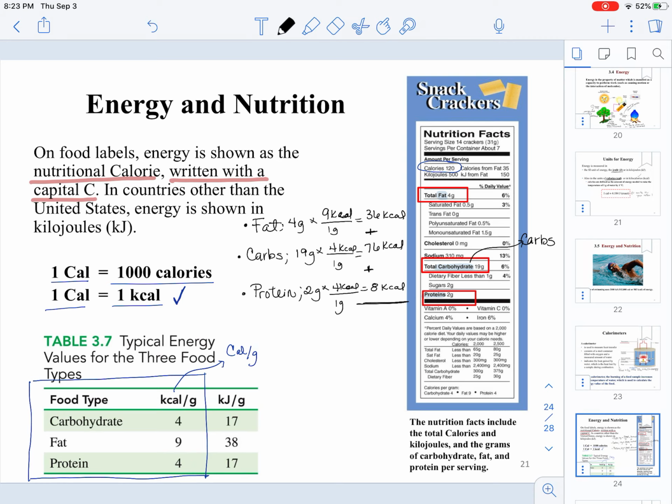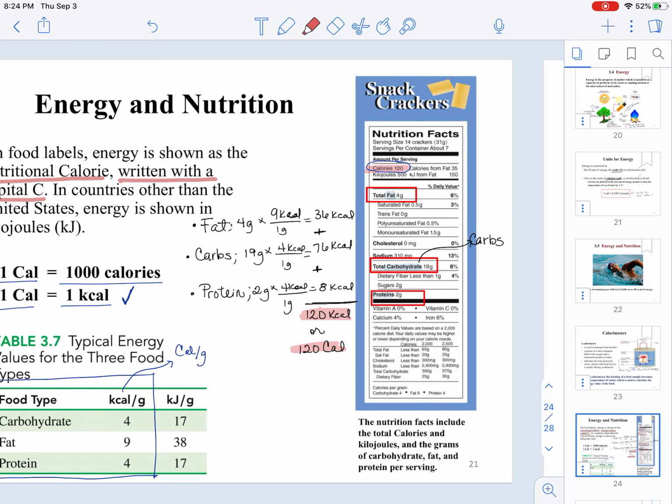When you add 36, 76, and 8, you will see that the value is 120. And that is the kcals present, or 120 nutritional calories. And as you can see, that number that I obtained matches the one in the label. So that's how the nutritional calories in the label are calculated.